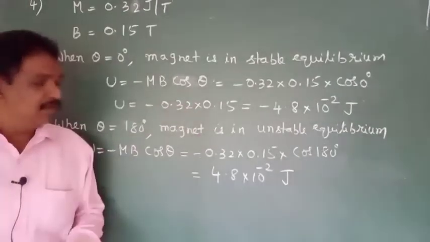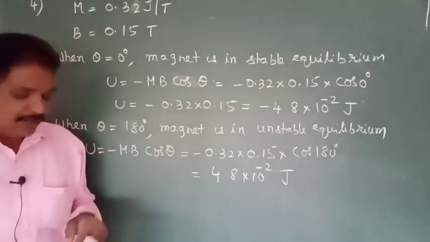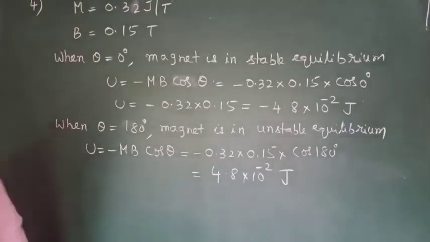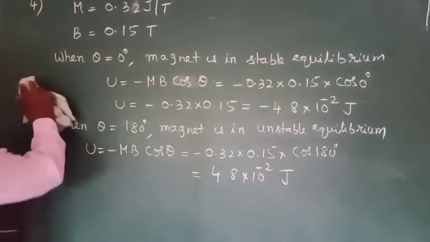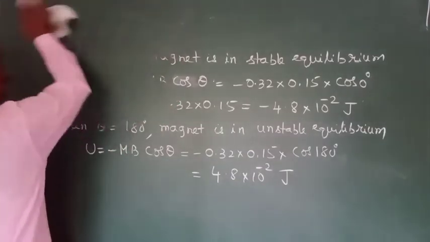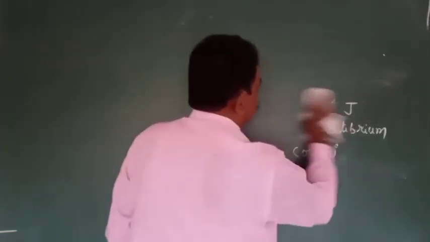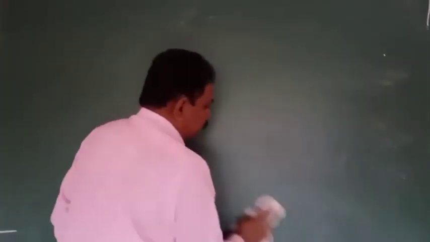In stable equilibrium, it will be minus 4.8 into 10 power minus 2. Yes. Next, after finishing this, see the next problem, question number 5. What are they asking, see.